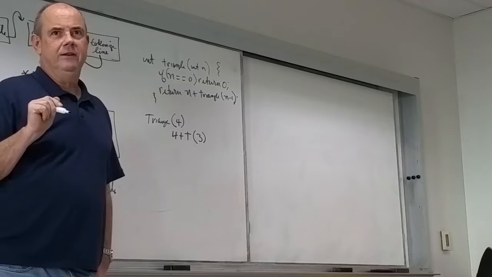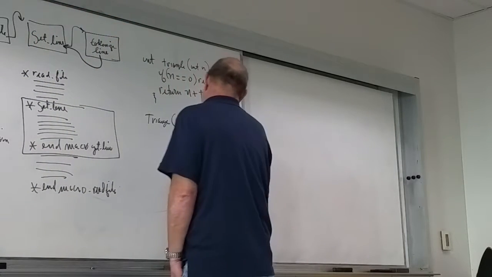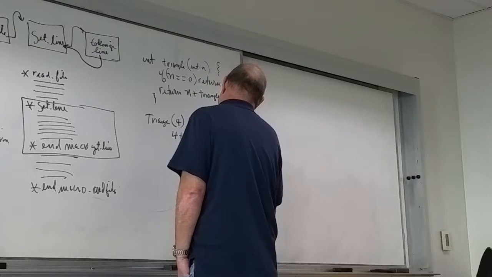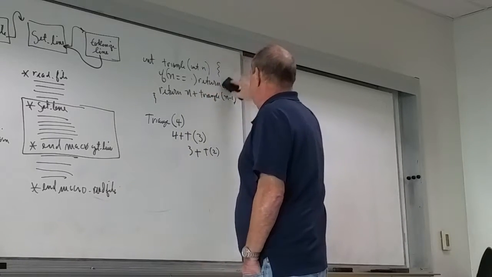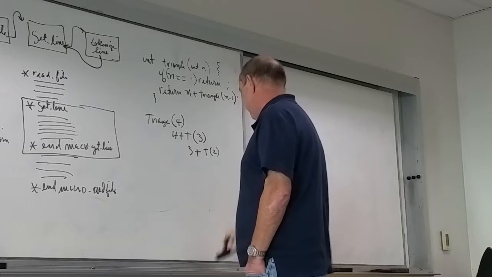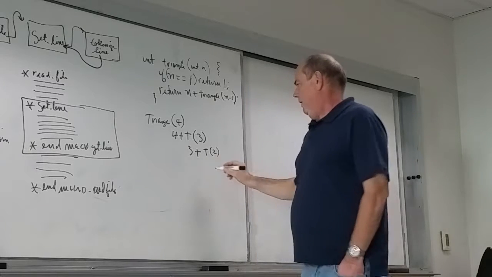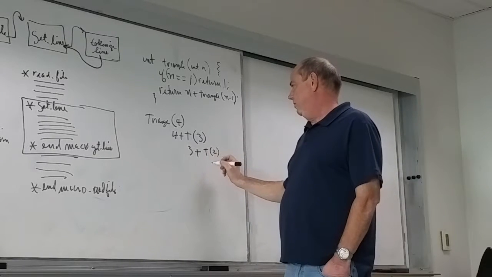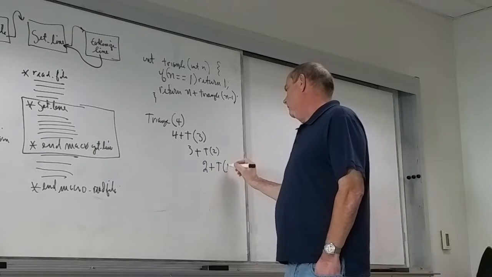What's triangle of 3? Well, it's not 0, so it's 3 plus triangle of 2. And actually, we could change this to 1 to make it simpler. There's no reason to go that extra time. Same thing. This is triangle of 2, so we jump out and we do triangle of 2, which is 2 plus triangle of 1.